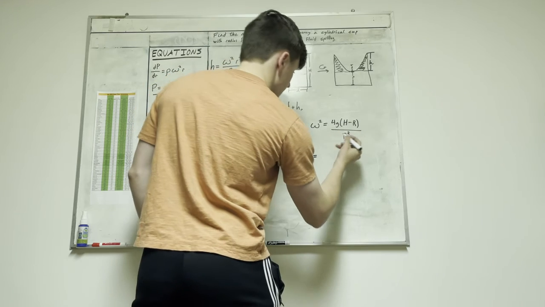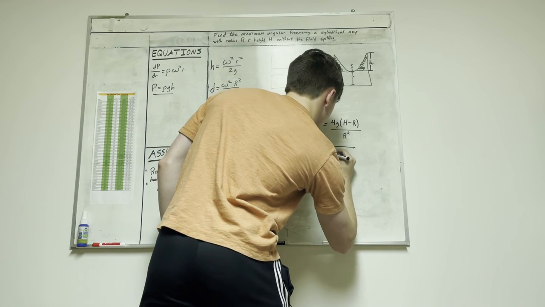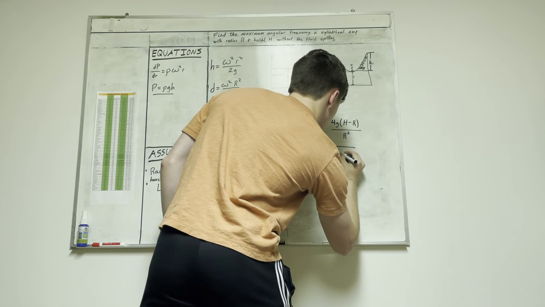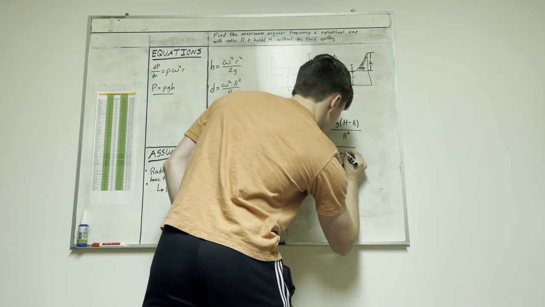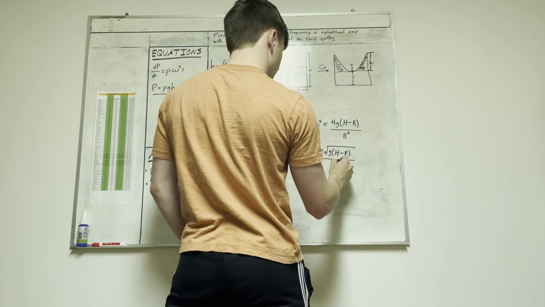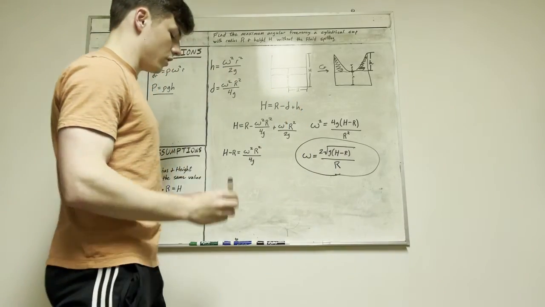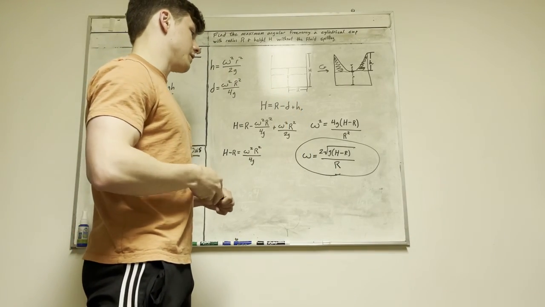Omega equals 2 radical g times the quantity of h minus r, and then over r. And so this is the final equation we want that solves for our angular frequency.